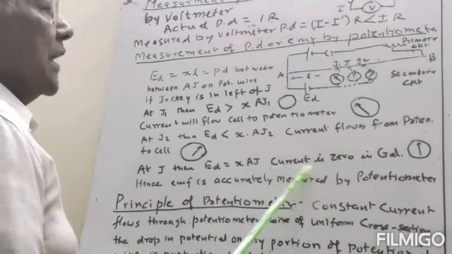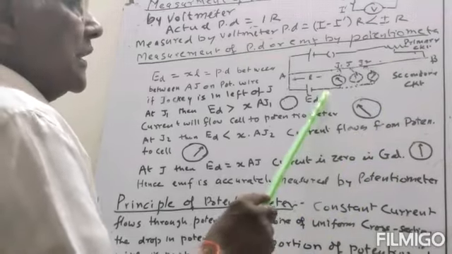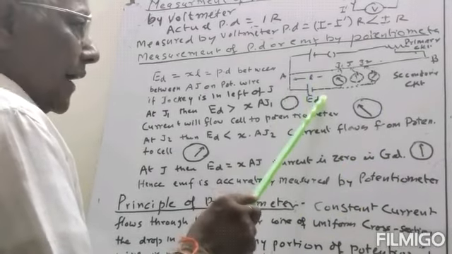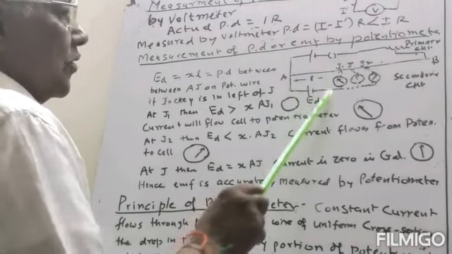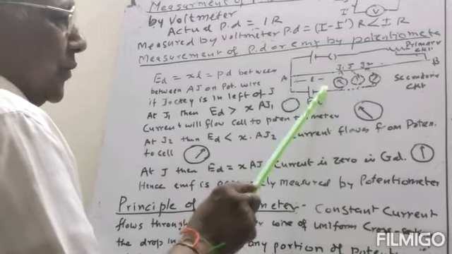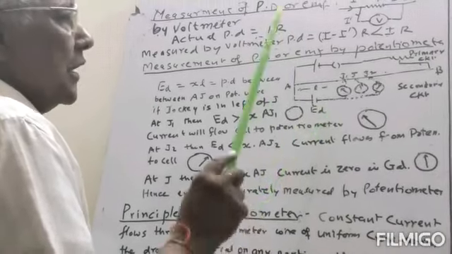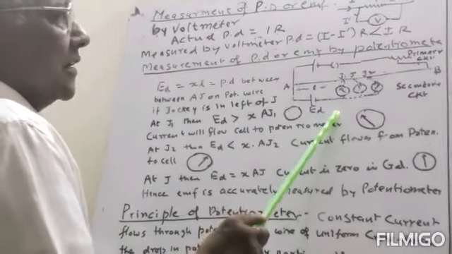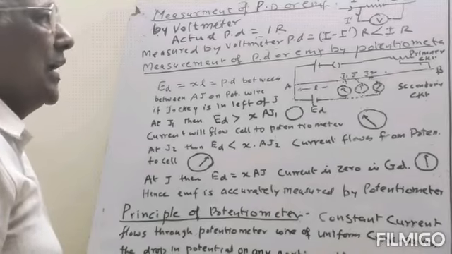At this point the current in the galvanometer is 0, meaning no current is taken from the cell by the potentiometer. So here the potentiometer behaves as a voltmeter whose resistance is infinite. If the resistance is infinite, then no current will flow.